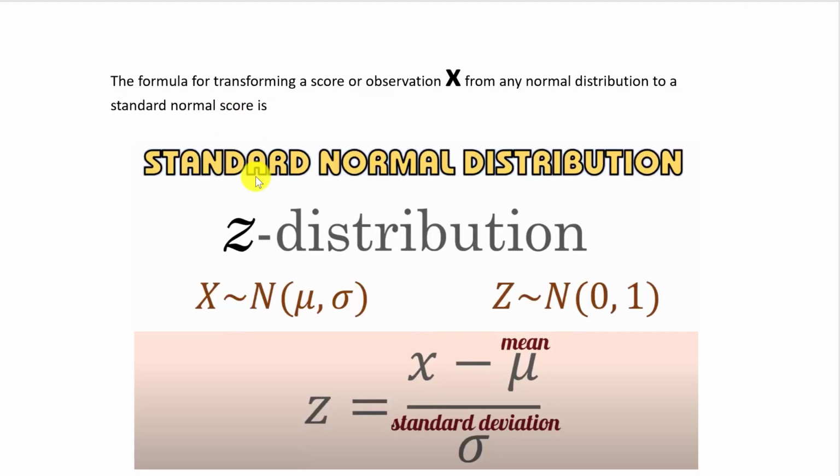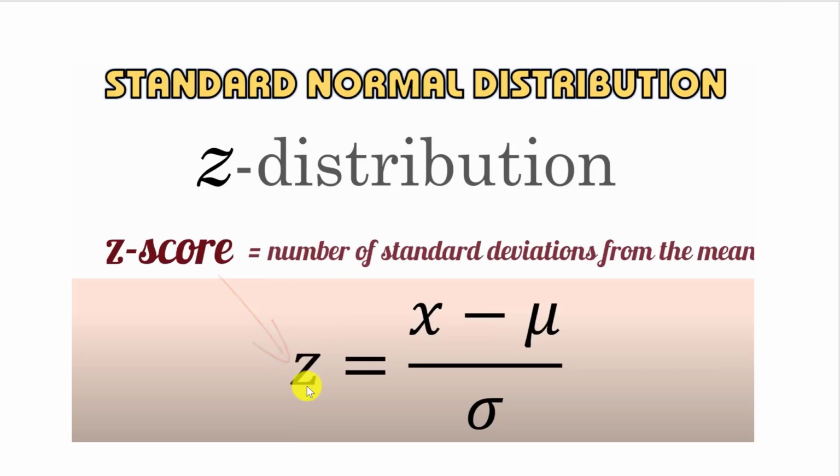The formula to calculate the probability is z equals x minus mu, or the mean, divided by the standard deviation, or sigma. Z is the number of standard deviations from the mean.